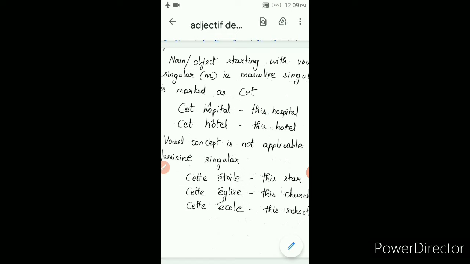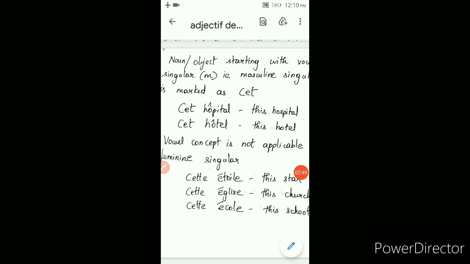The vowel concept is not applicable for feminine singular. It is applicable only for masculine singular.